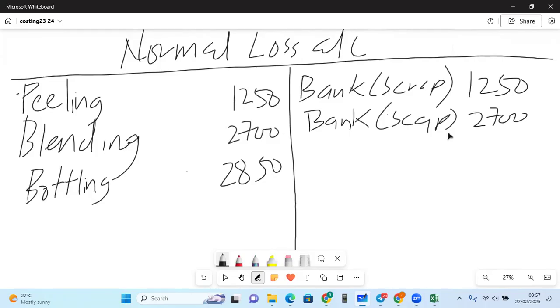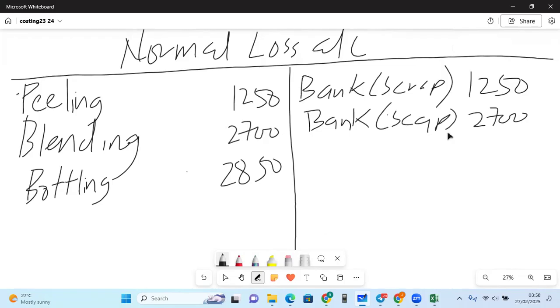But note that since we had abnormal gain, we are not going to sell all this abnormal loss. We are going to make sure that the abnormal gain offsets the abnormal loss, right?